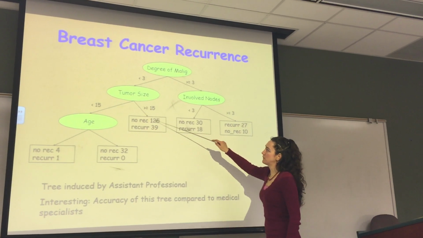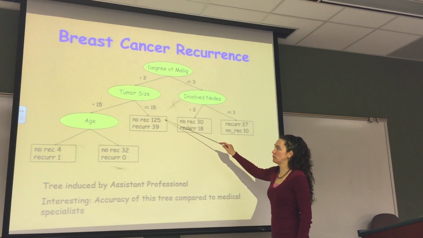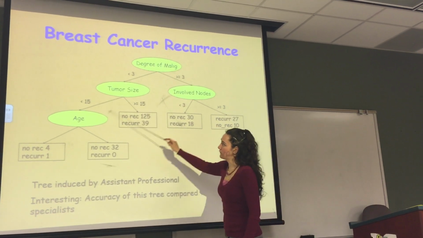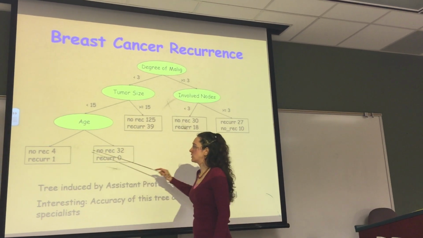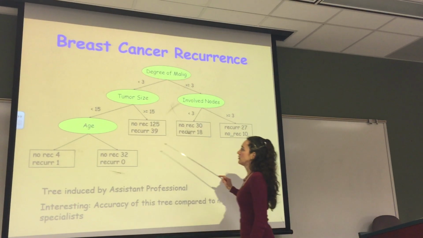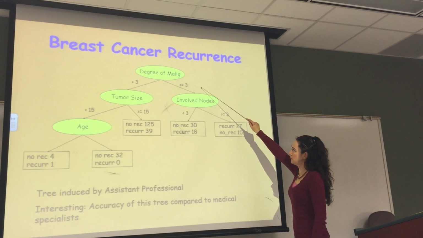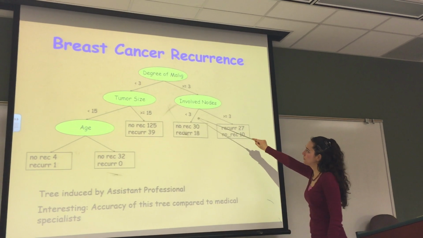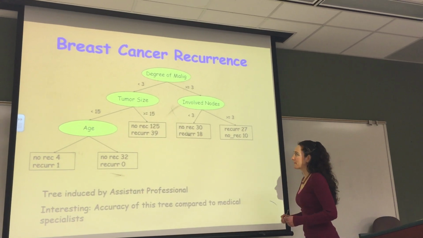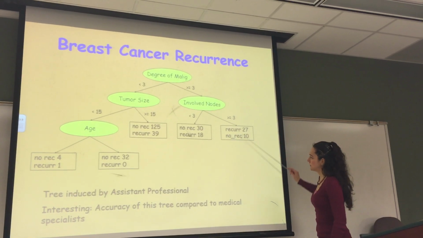Tumor size bigger than 15: there will be no reoccurrence 125 times, and reoccurred 39 times. If it's less than 15, we have to check the age. And so on. If degree of malignancy is bigger than 3, check the involved nodes. So no recurrence, 30 patients, recurred in 18.